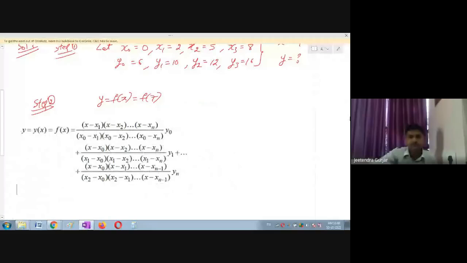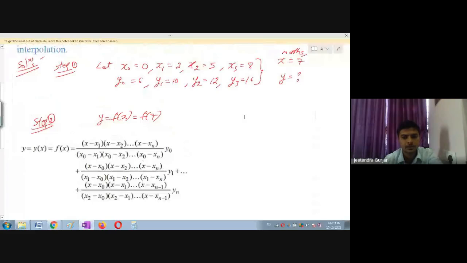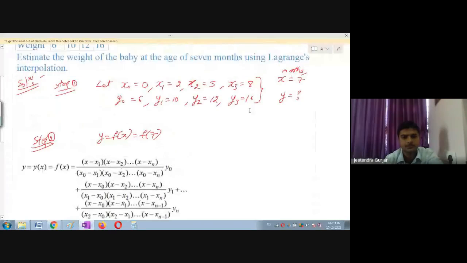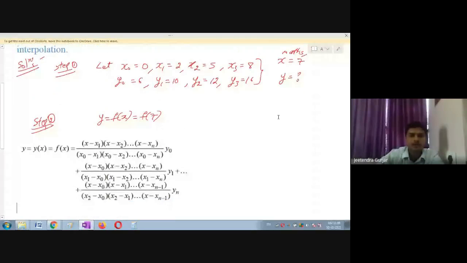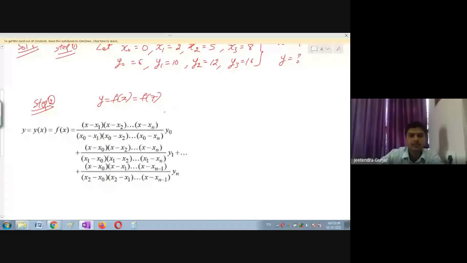Here I will tell you, by taking n is equal to 3, you can rewrite the formula like this. Here you can see the last term is 3, therefore I will take n is equal to 3, students.